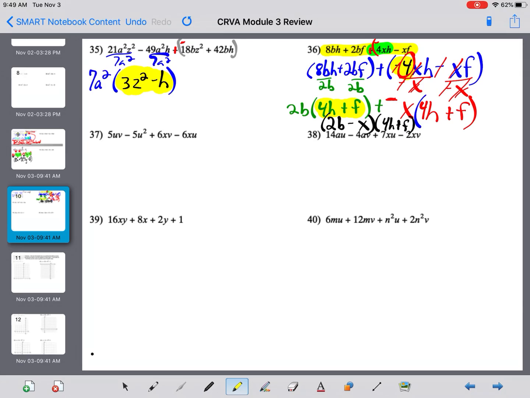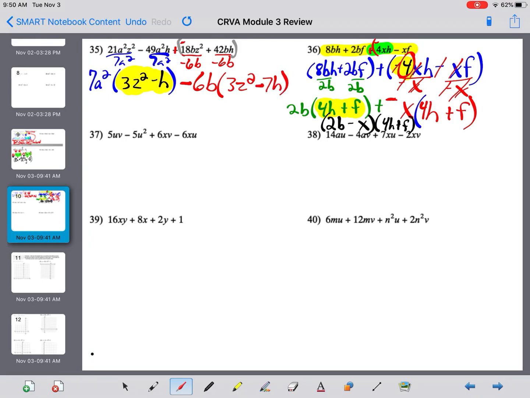When you have opposites of what's supposed to be in there, factor out the opposite of what you were thinking. So I'm going to factor out a negative 6b. So I'm bringing down a minus 6 or a negative 6b. And what's left inside the parentheses is a positive 3z squared and a negative 7h.